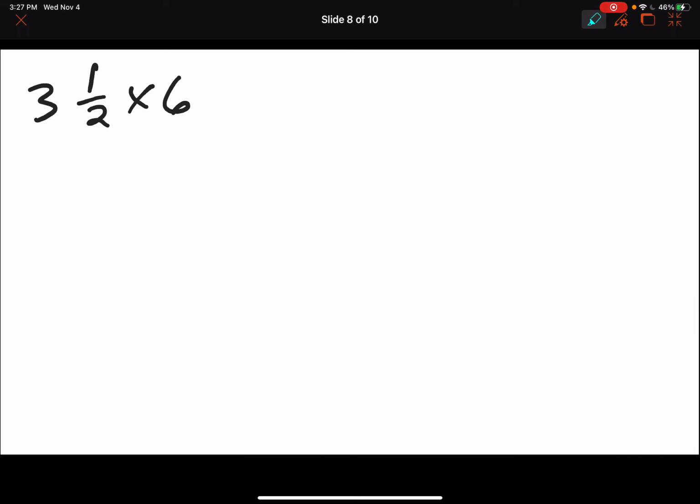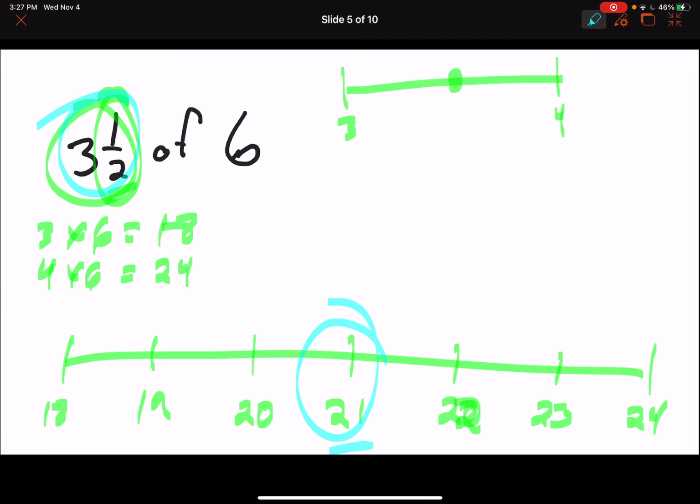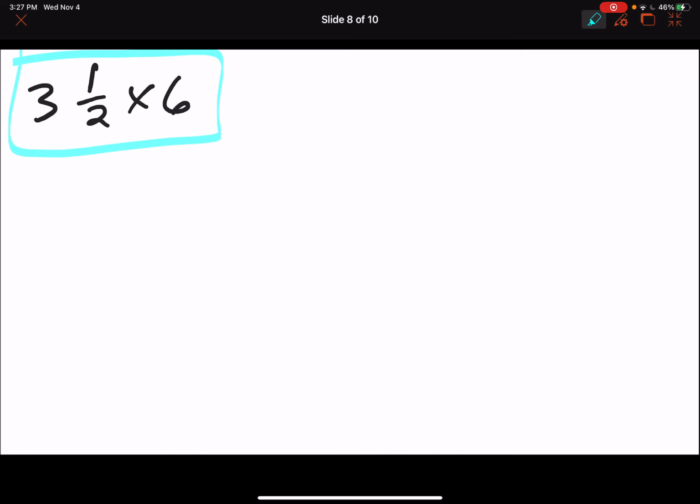Okay, so we've already done this back there, and we found on the number line that the answer is 21. So what I would like you to do right now is to prove it and actually work this out. All right, welcome back. So hopefully I'm going to change this back into my mixed number. So that is 3 times 2 is 6, plus 1 is 7 halves times 6.